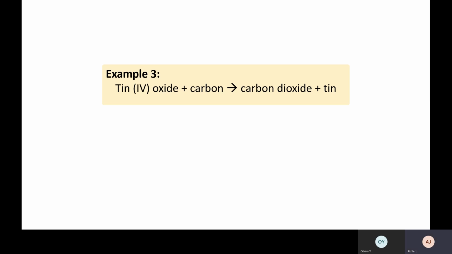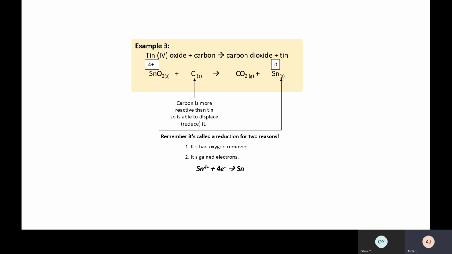Okay, so let's check your equations. If the tin has a charge of +4, that means our oxide has to have a charge of -4. If each oxide ion has a charge of -2, I need 2 oxide ions for every 1 tin ion.